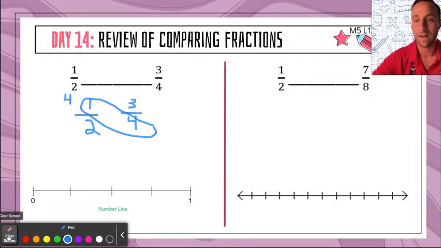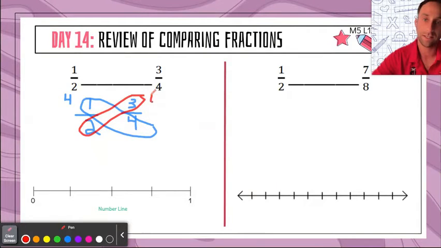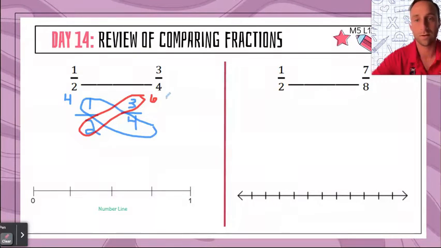Okay, so I have that looking good in blue, and I will go ahead and cross multiply my other side. 2 times 3, that gets me 6.